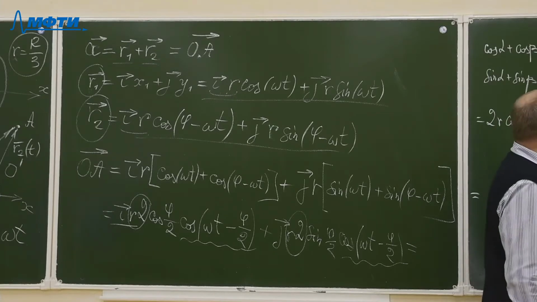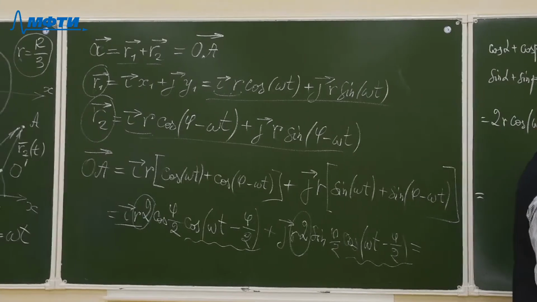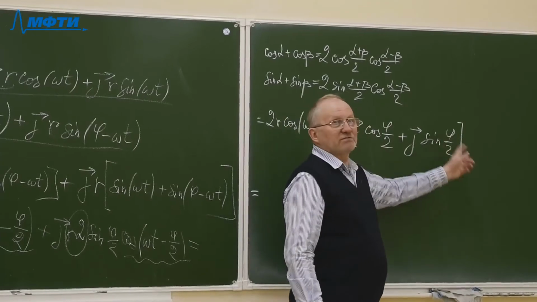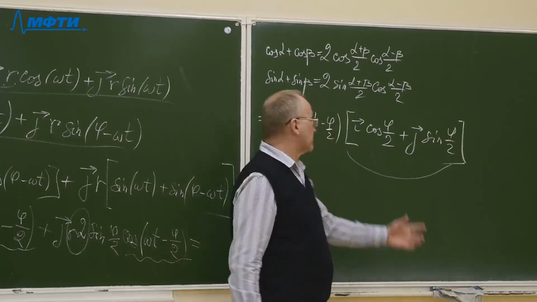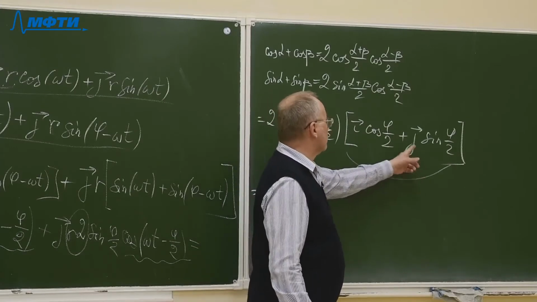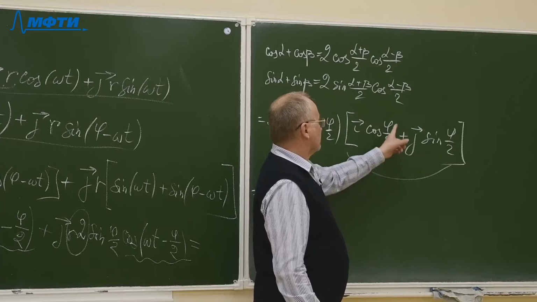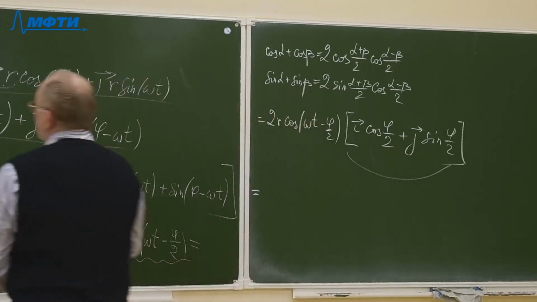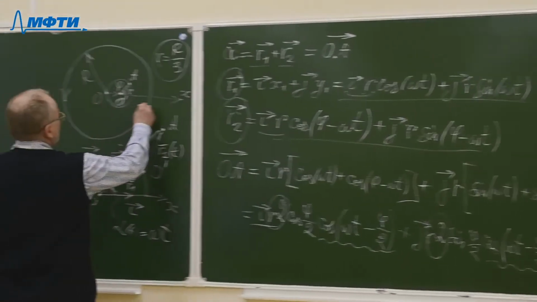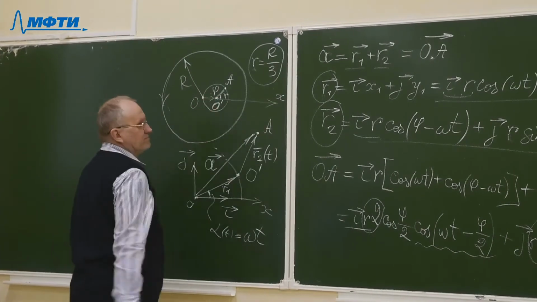To calculate the length, I have to take this coordinate squared plus this coordinate squared. Cosine squared plus sine squared will be unity. So this is a unit length vector. This is a unit vector which constantly looks at the angle phi over 2 with respect to the x-axis. What is phi over 2?